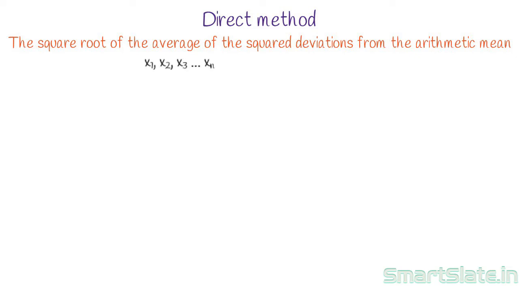Let x1, x2, x3, and so on up to xn be the given scores of data and x bar be their mean. Deviations from the mean would be x1 minus x bar, x2 minus x bar, x3 minus x bar, and so on up to xn minus x bar. Let's find the square of these deviations.